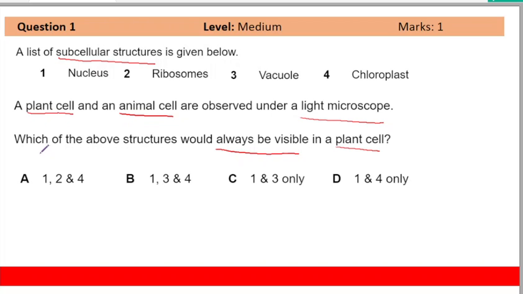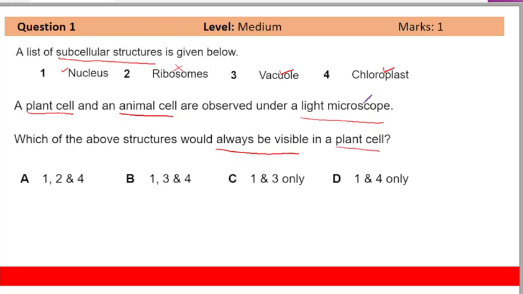So nucleus will be visible because it is bigger in size, okay, and the smallest is ribosome, so it will not be visible. Vacuole, a large permanent vacuole, so it is visible. Chloroplast organelle is also bigger, so they are also visible.